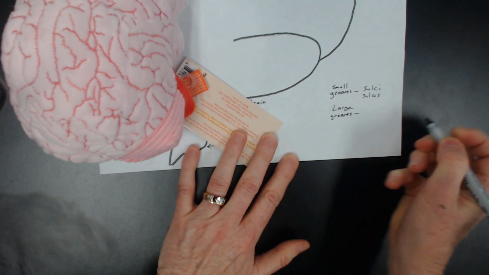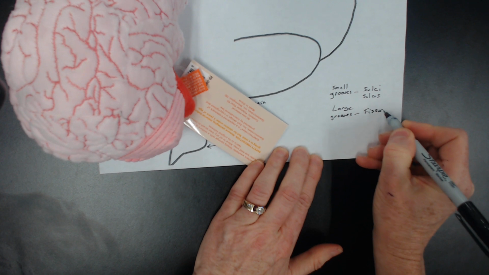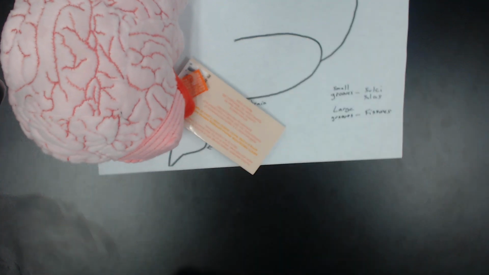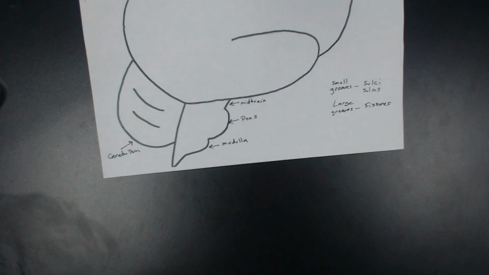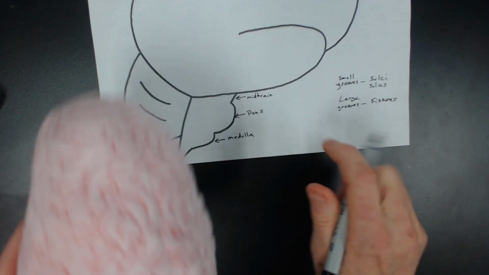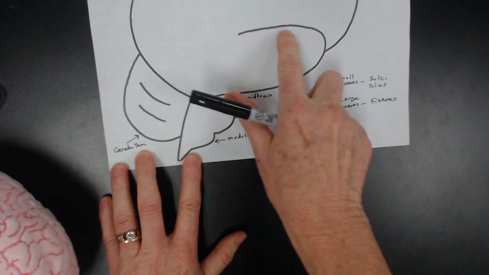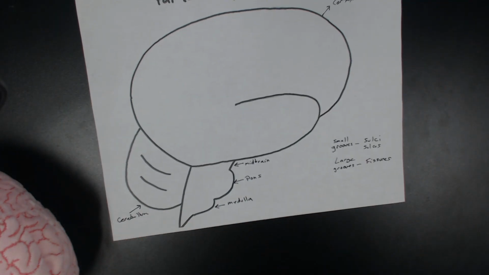The large grooves are known as fissures, F-I-S-S-U-R-E-S. One all the way up here. Here's another kind of fissure. We'll label it here in a minute. The really large grooves are known as fissures. The smaller grooves are sulci.